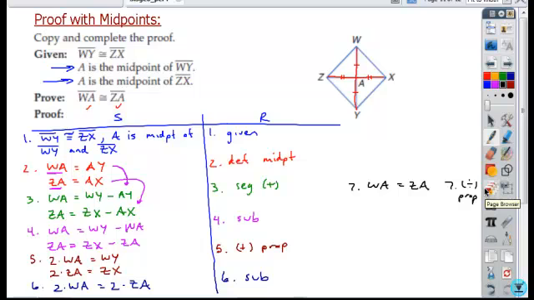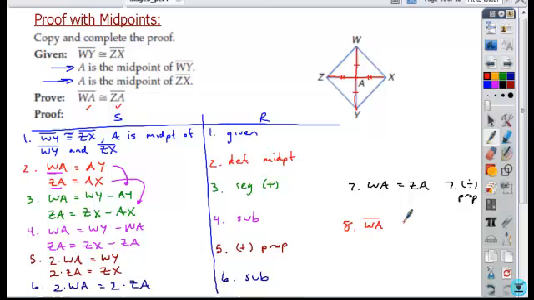And now, have I reached my end state? Is this exactly written as I need it to be? My end state is a congruent statement. This is a relationship between measurements. So what's the one thing that I need to do here? Can I convert this back into congruence? If two things have equal measures, what do I know about those things?